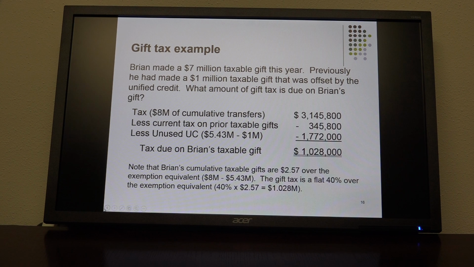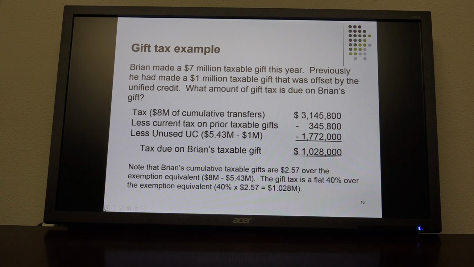But you can also figure this out by determining the excess over the exemption equivalent and multiplying that excess times the flat rate of 40%. And this first part, that's what they do.